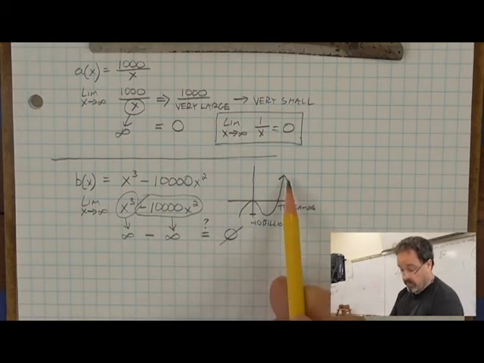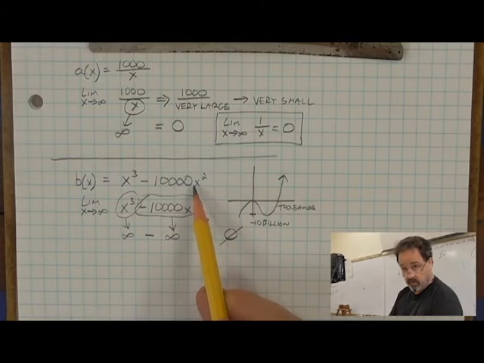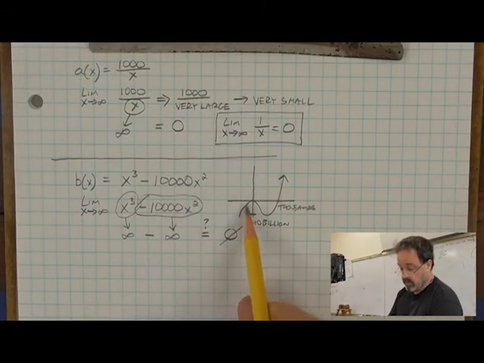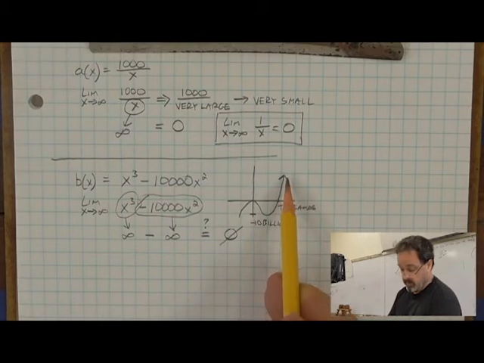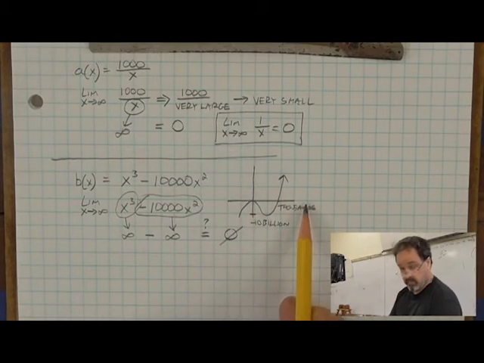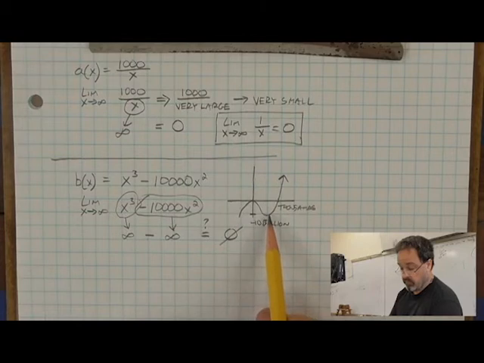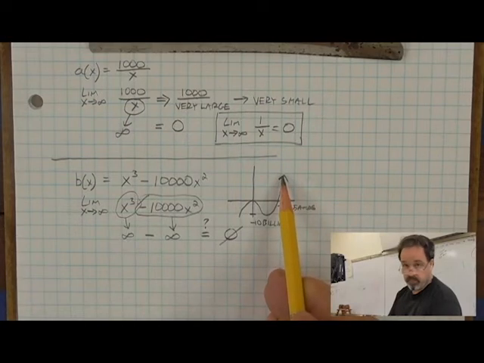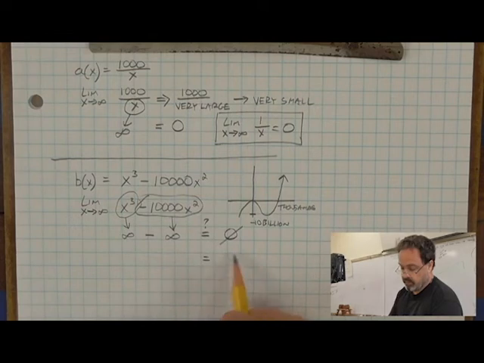But this is a sketch of this function, and we can see that in this presentation, the limit is infinity. As x increases, the values of these functions, even though they go very low for a while, turn around and go up forever after. The limit of this function is infinity.